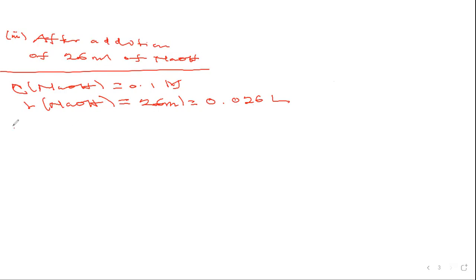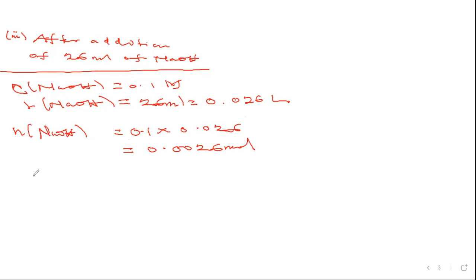Good. So by so doing, we can find our concentration. Once we have our volume and then our concentration, we can find our moles. So our concentration is 0.1 times 0.026. And this is going to give us 0.0026 moles. It means our 26 mils contains 0.0026 moles of our NaOH in the solution.